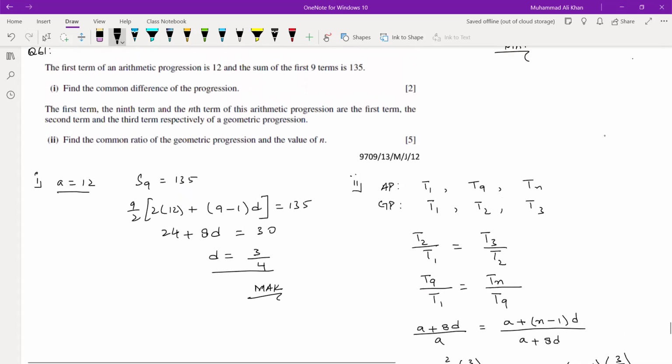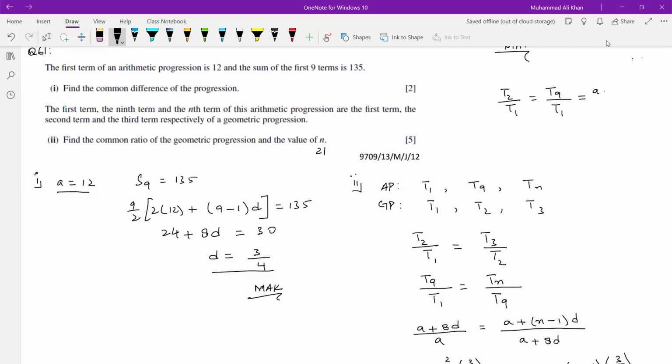Question number 61. Yes, guys. How much did we get for n? 21. And we also have to find the common ratio of the progression. Common ratio is equal to what? T2 divided by T1, and T2 is equal to T9 divided by T1. And what is T9?